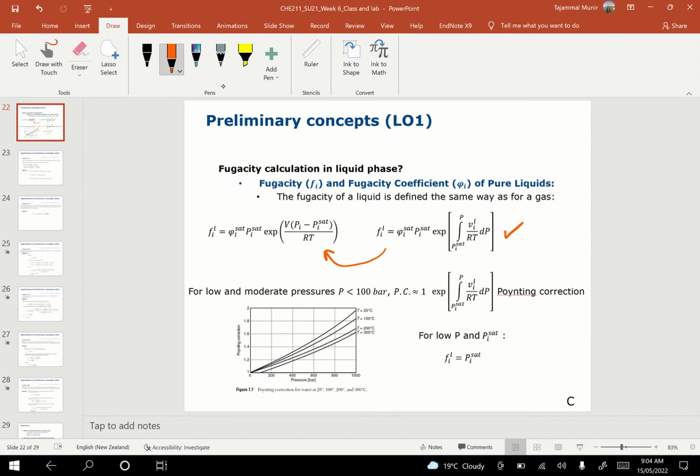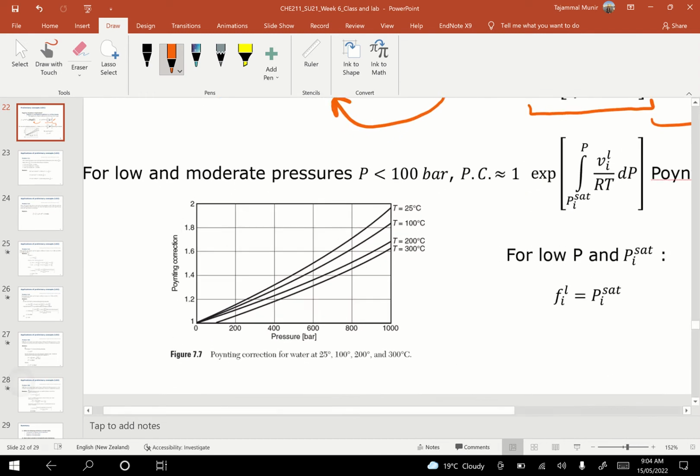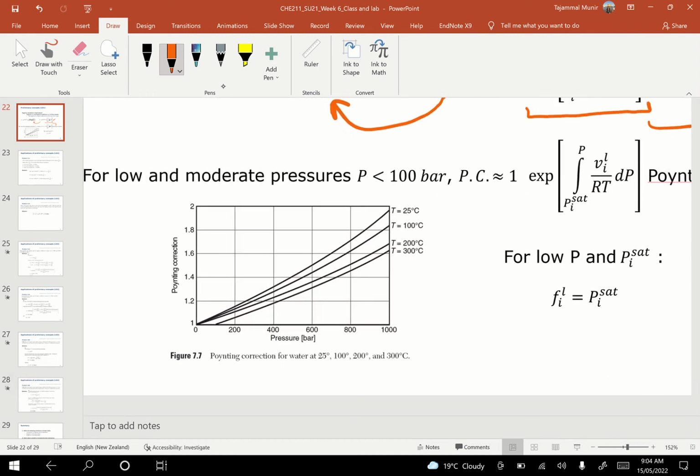The term from the exponent onwards is called the Poynting correction factor. If I magnify this graph a little bit, on your x-axis you have pressure, along the y-axis you have Poynting factor.